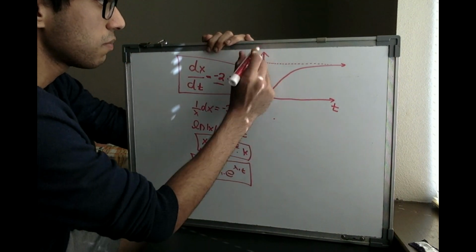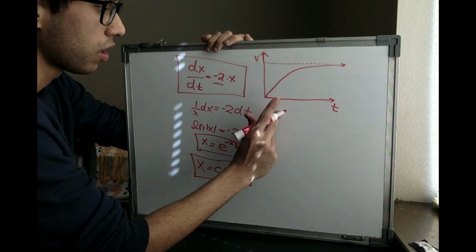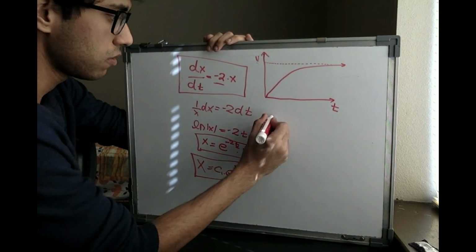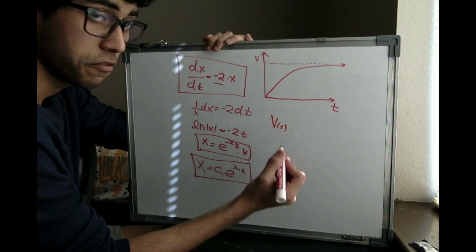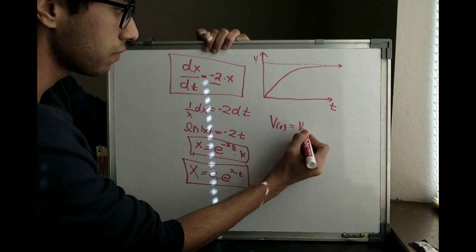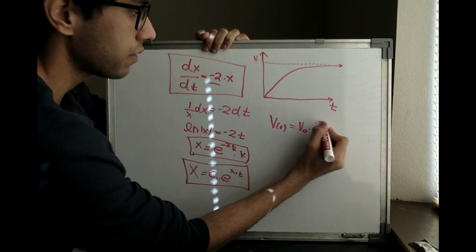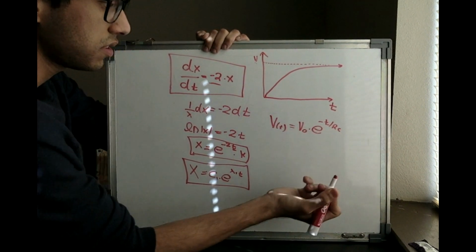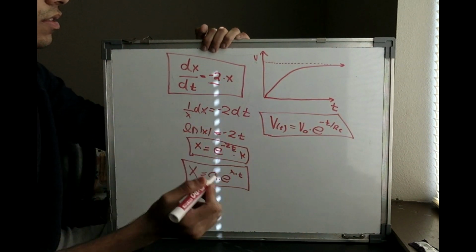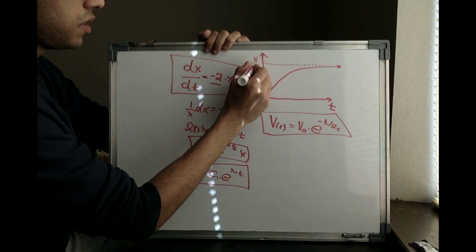So if I'm trying to measure the voltage changing with time, then my voltage will be V of t as a function of time, V naught times e to the power negative t over RC, where RC is the time constant. So through initial conditions, this will be my V naught.